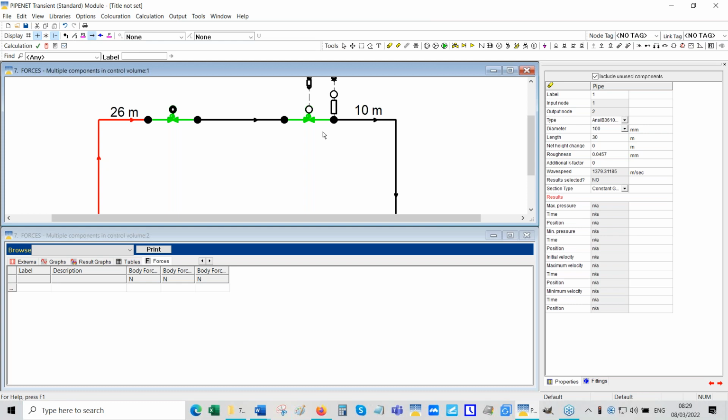See, that's the direction of the pipe. And this elbow is 10 meters from the input node of that pipe. So that's pipe 1, 2, and pipe 3.